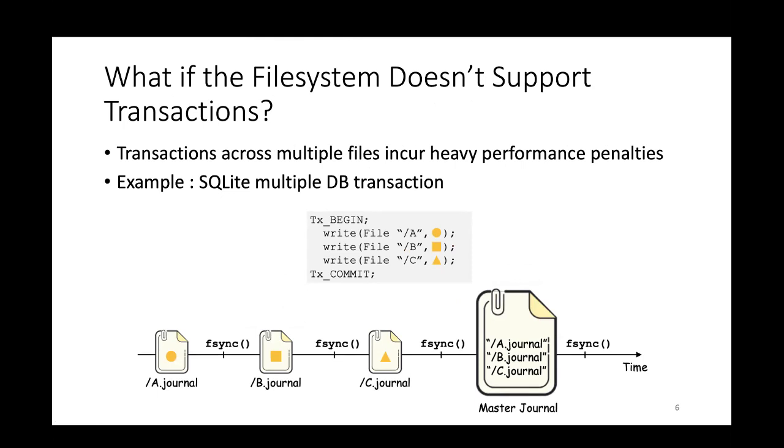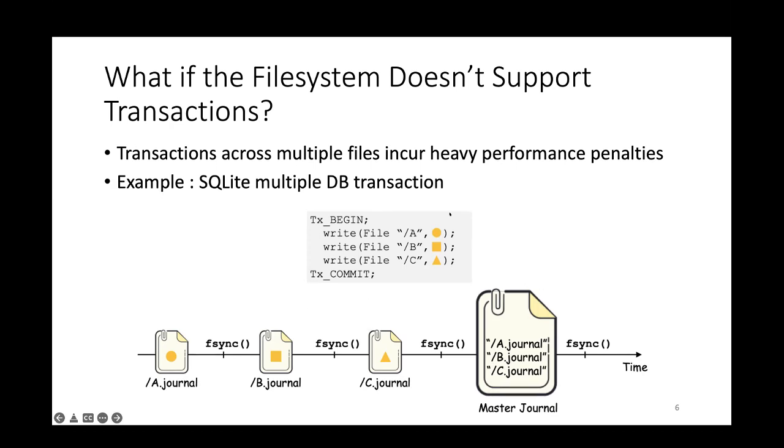So as an example here, we have what a transaction looks like in SQLite across multiple databases or multiple files. We can call this just a multiple file transaction. Because we don't have some sort of transaction primitive in the file system, in this example, what we need to do is create these journal files and a master journal file to record which journal files were updated.